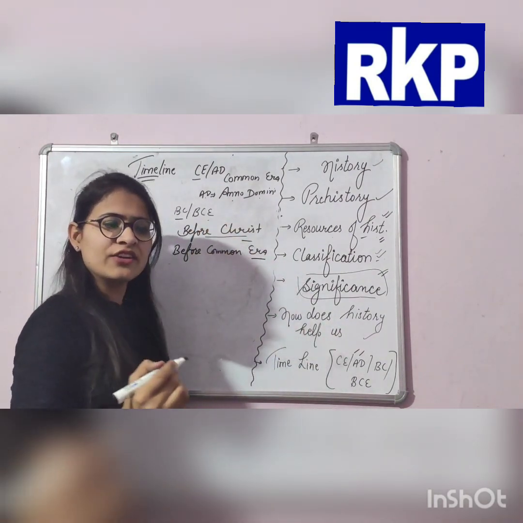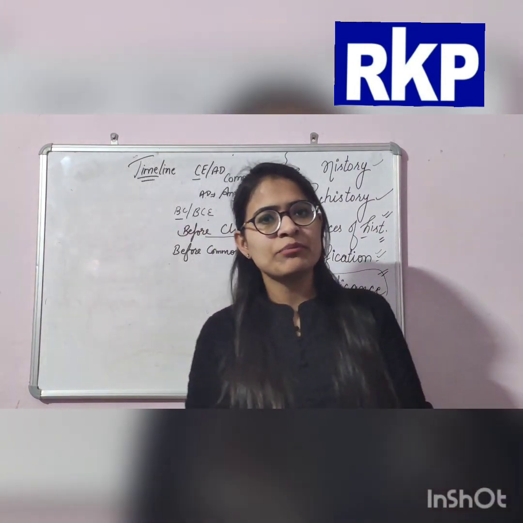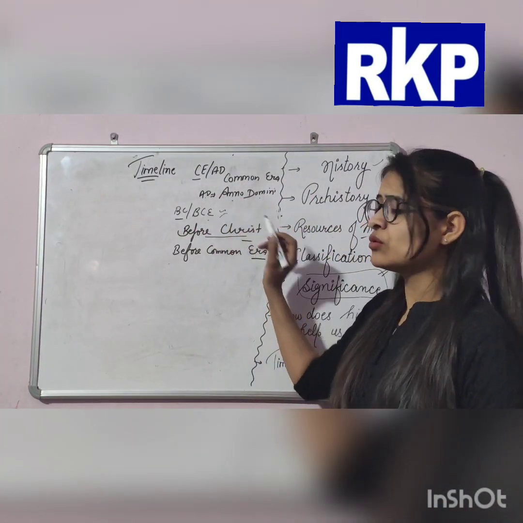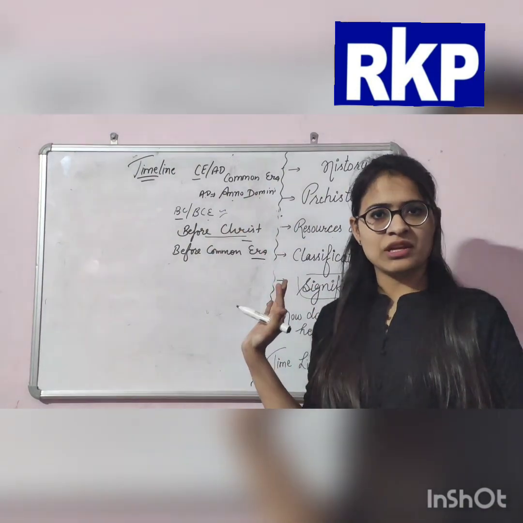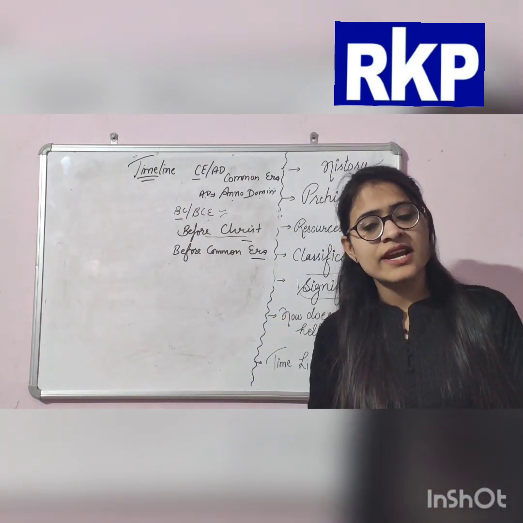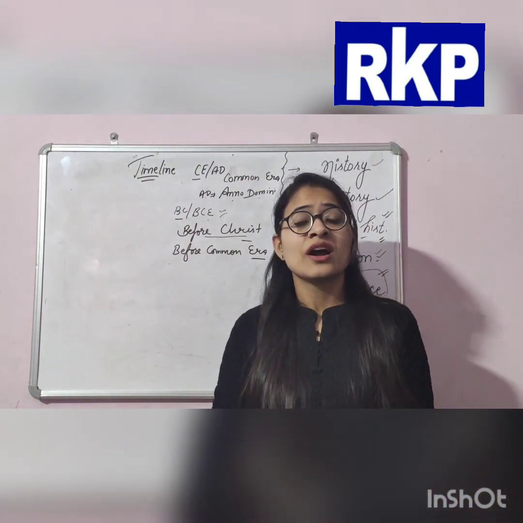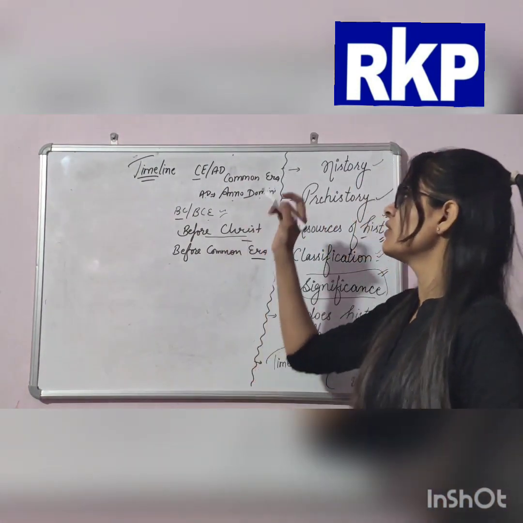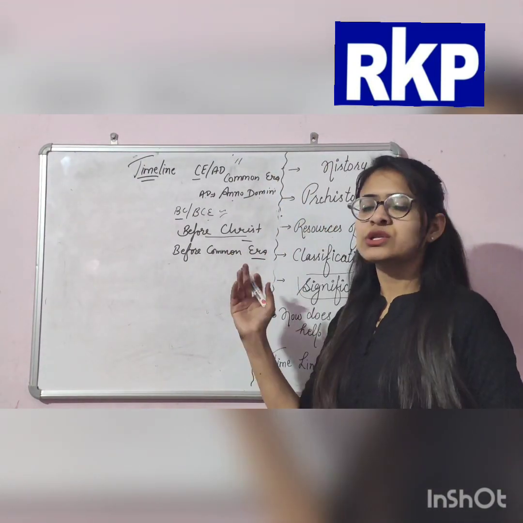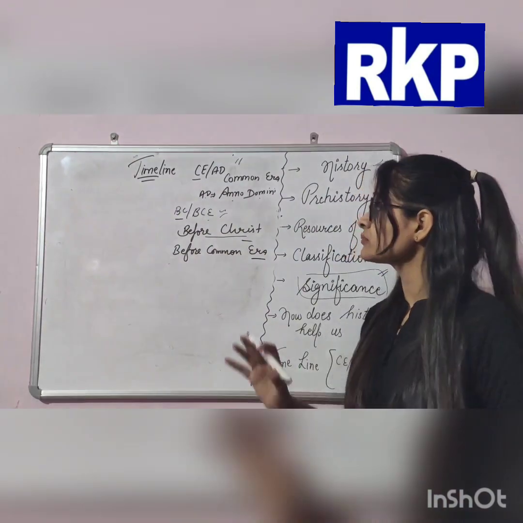Both have the same meaning. So BC or BCE we will write before the birth of Jesus Christ, and if we are talking about after the birth of Jesus Christ, then we will write CE or AD. Any one you can write. They also have the same meaning.